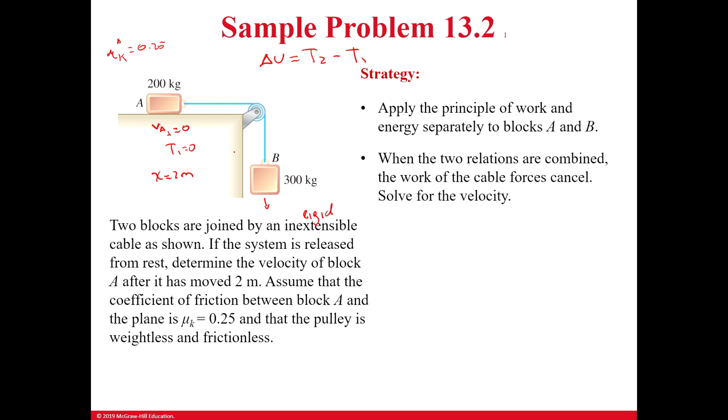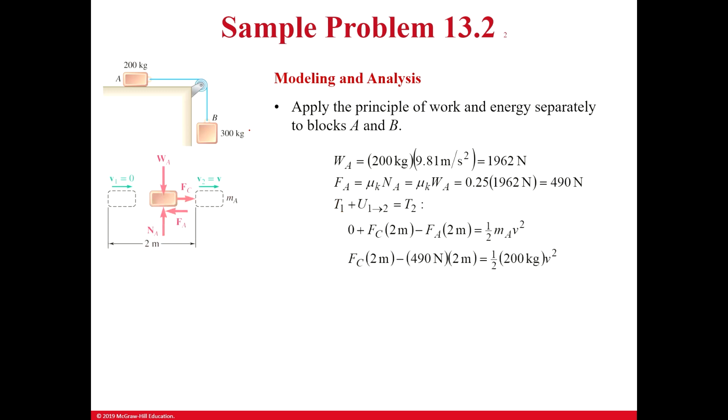Blocks A and B are combined through equations, by distances or however you choose. In this case, the distance is straightforward, and the velocity of A is the same as the velocity of B because the cable is basically like a rigid body.